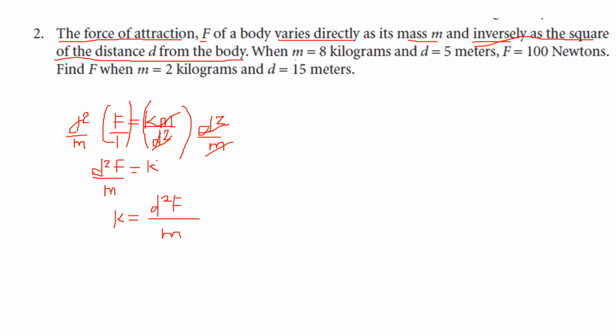Now, back to the information. If we have 8 kilograms of mass, the distance is 5 kilometers, and the force is 100 newtons, what is K? Since the question and information are complete, let us solve for K. D is 5.